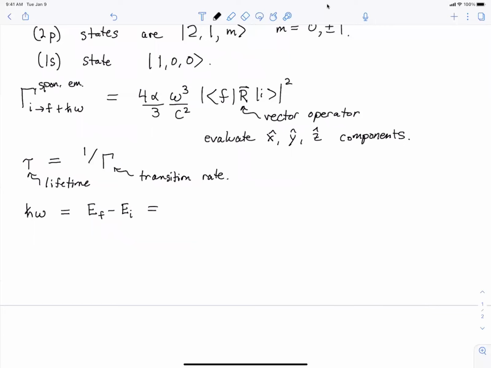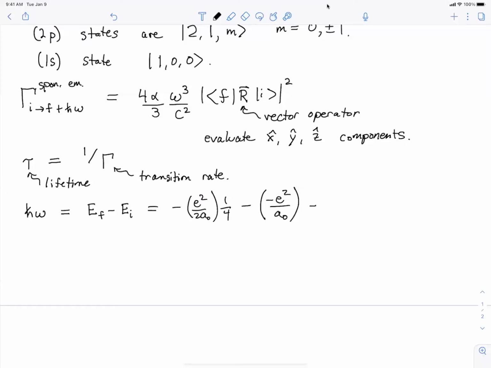And because we wrote down earlier what the energy levels were, we know that the initial state energy is minus a Rydberg times 1/2 squared, which is 1/4. And then we're subtracting from that minus a Rydberg times 1, because that's the ground state energy.